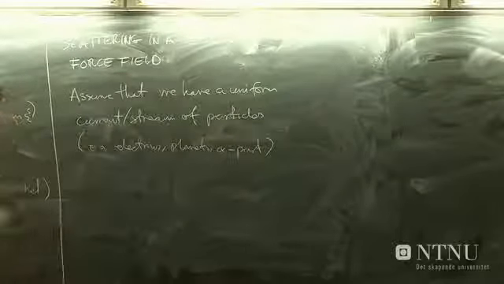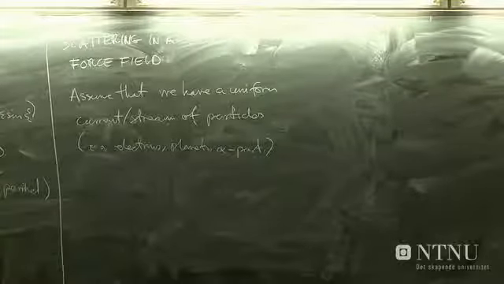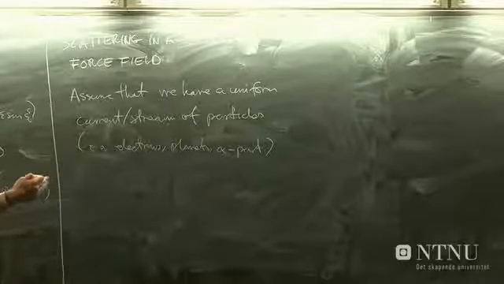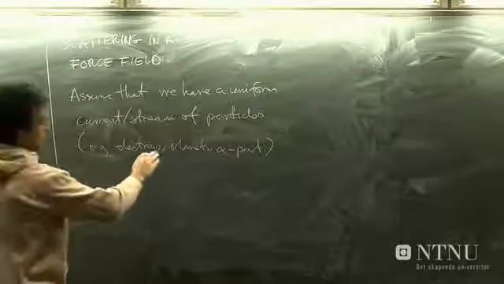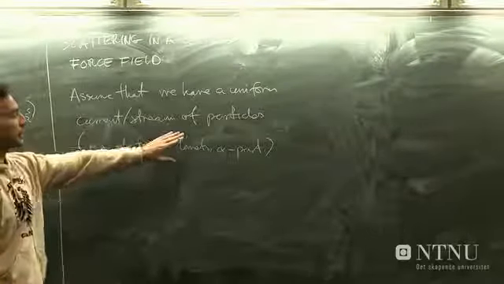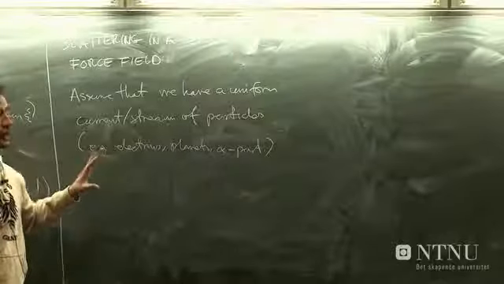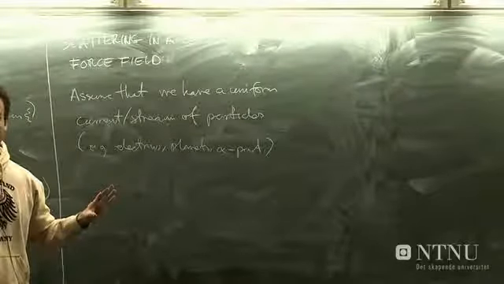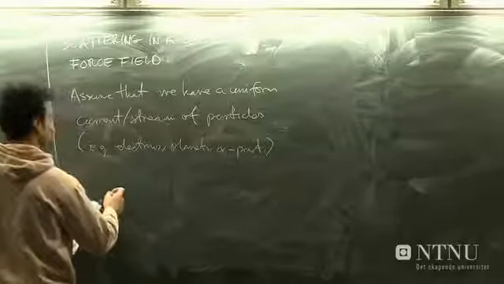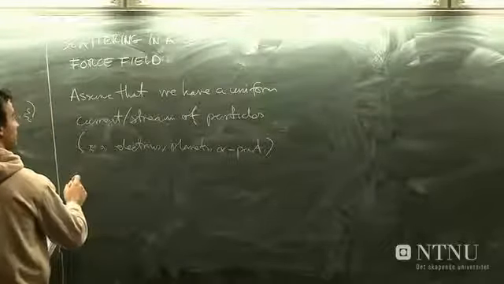Assume that we have some uniform current or stream of particles which are incident towards a scattering potential. These particles can be electrons, planets, alpha particles, whatever. Anything that can be modeled, in a context-appropriate way, by these point masses. It's incident.